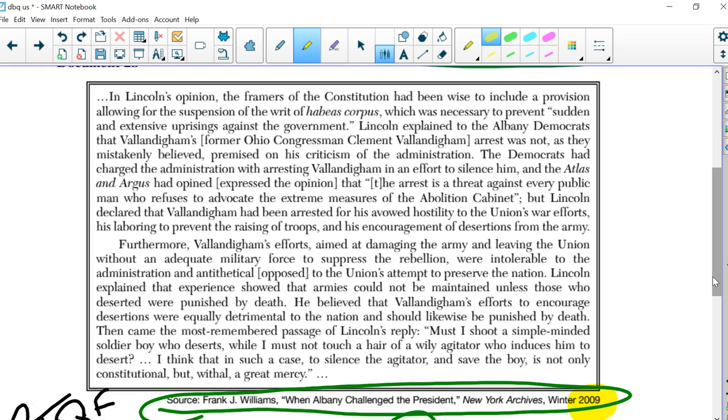"arrest was not, as they mistakenly believed, premised on his criticism of the administration." So this man right here was arrested, right? And the Albany Democrats were saying that they thought it was because he criticized the administration. "The Democrats had charged the administration with arresting Vallandigham in an effort to silence him, and the Atlas and Argus had opined," which means expressed the opinion, "that the arrest is a threat against every public man who refuses to advocate the extreme measures of the abolition cabinet."